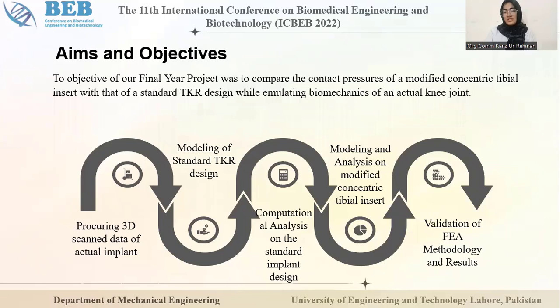We then used reverse engineering to obtain the CAD models of the standard TKR design, and we also modified that design such that the tibial insert contours were directly concentric with the femoral component contours. We then used computational analysis on both of these designs and validated the finite element analysis methodology and results of both designs in comparison with those of published literature.